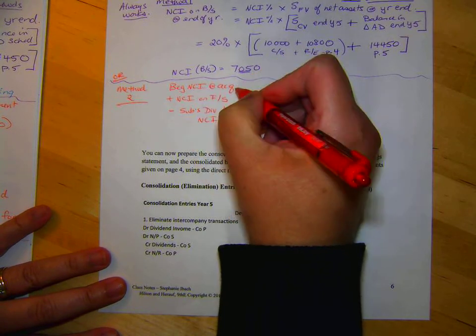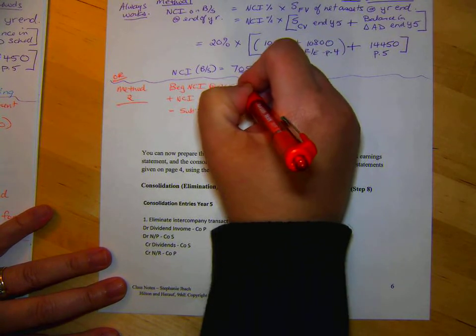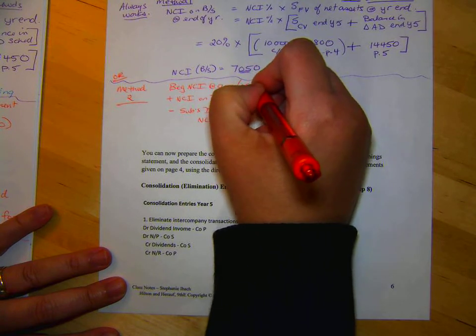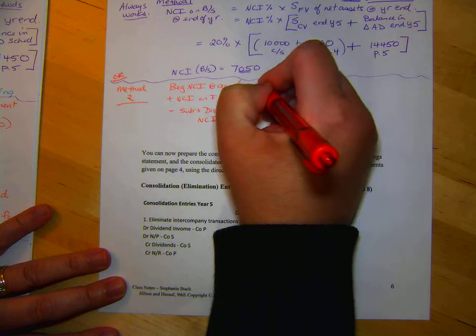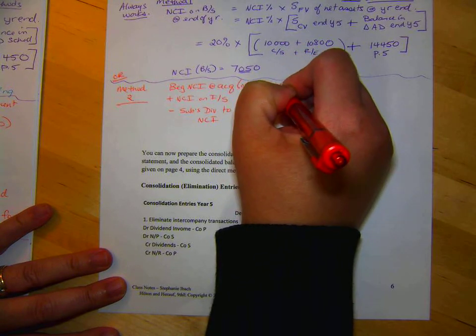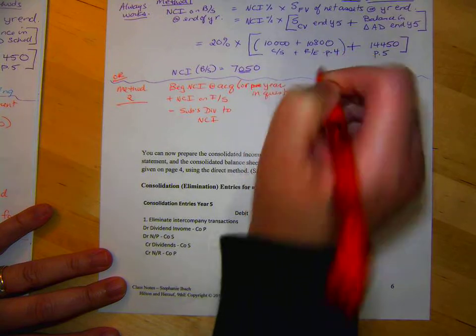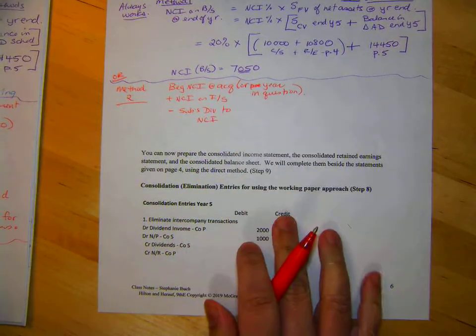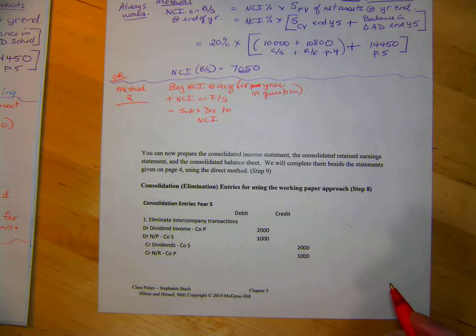And you should do beginning NCI at acquisition or previous year, or year in question. In this case, it's acquisition, but if it was year 4, they acquired it in year 2, we'd be doing year 4. End of year 4, beginning of year 5.